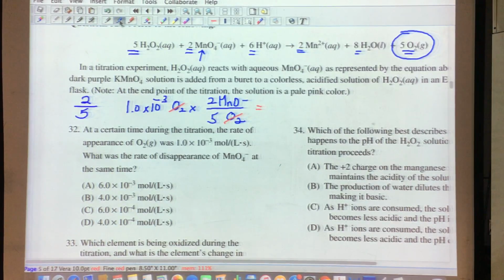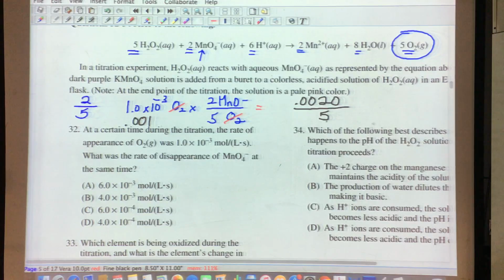I hope we can do this answer. This is 0.001. I know we don't have a calculator, but you can do this. So this becomes what? 0.002, right? This is 0.001. I'm timesing it by 2. Now I'm going to divide it by 5. I need a calculator. No, you don't.